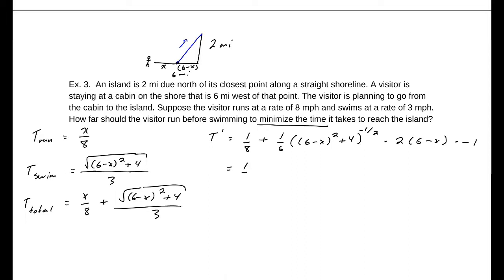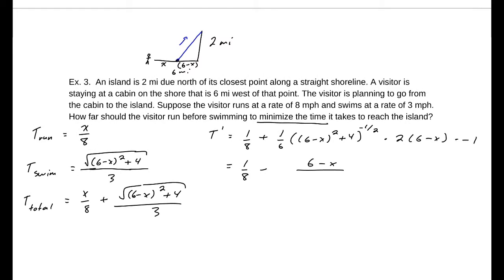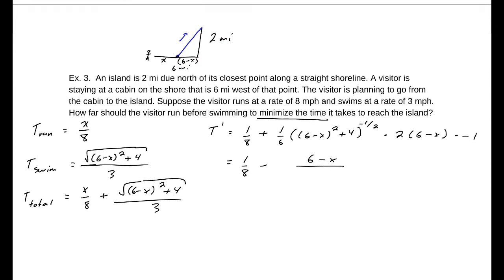All right, this is equivalent to 1/8 minus 6 minus x, and we'll have a negative because of that negative 1 down there, so we have the minus. All right, 3 square root of the 2 and the 1/6 there. 3 square root of 6 minus x squared plus 4. And we want to set that equal to 0.